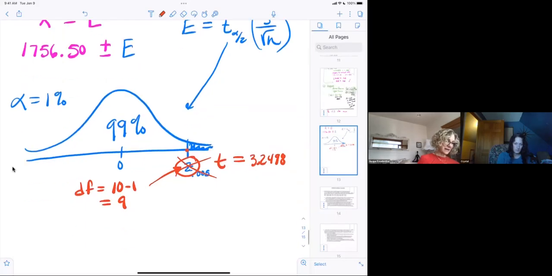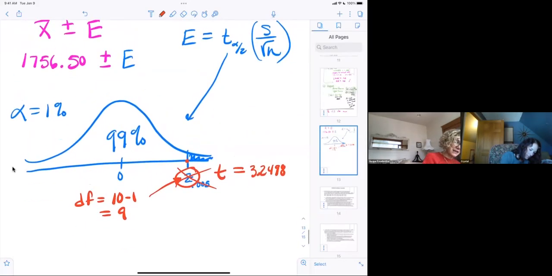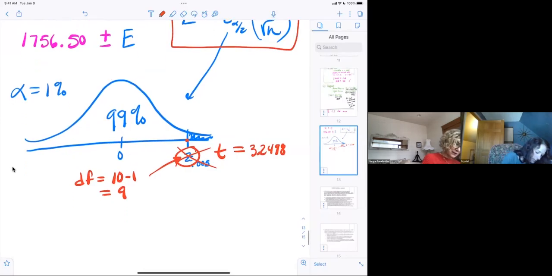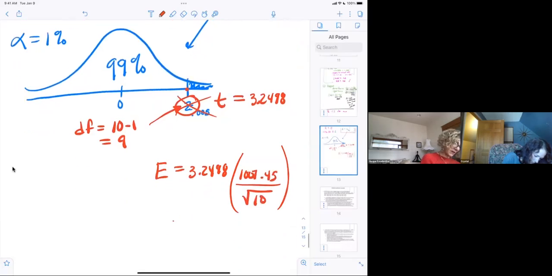Okay. All right. So now I have enough information to calculate the error. So my error is going to be T, which is 3.2498 times S, which is 1007.45 divided by the square root of 10. So the error comes out to be 1035.33.